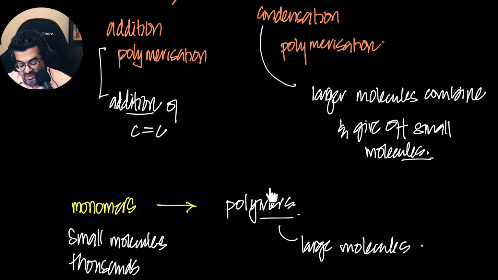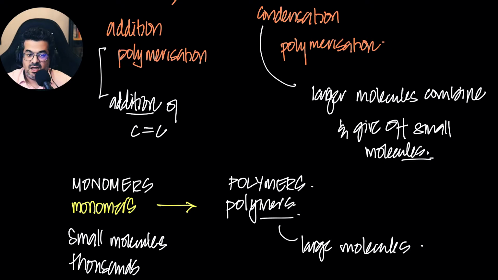Small molecules are referred to as monomers, M-O-N-O-M-E-R-S. And the large molecule is called a polymer. So monomers make polymers.